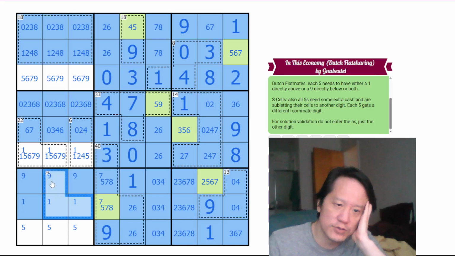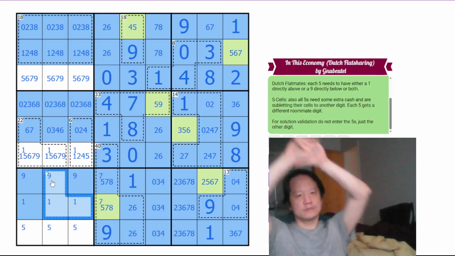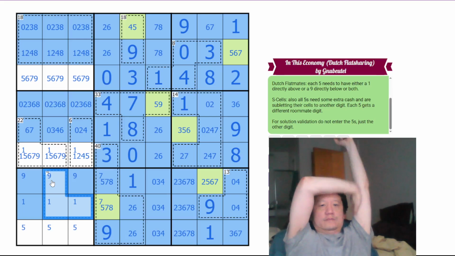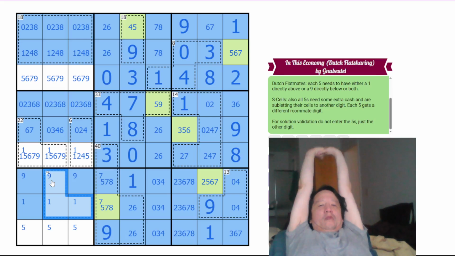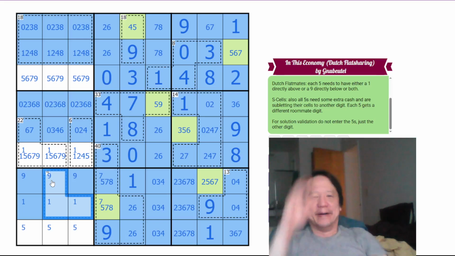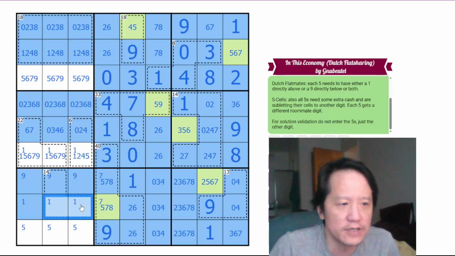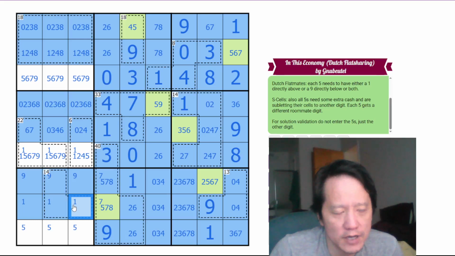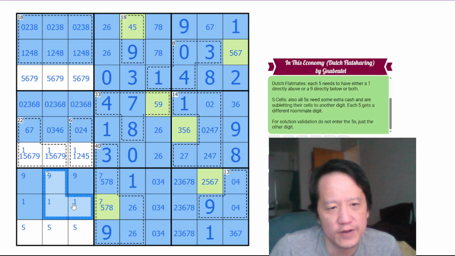So it'd have to be 0, 6, 8 if that's the case. 0, 6, 8 to add up to 14. Cannot be 159. Actually, it wouldn't be 159. It'd be 149. So that could work. Cannot be 158, though. 167 does work.